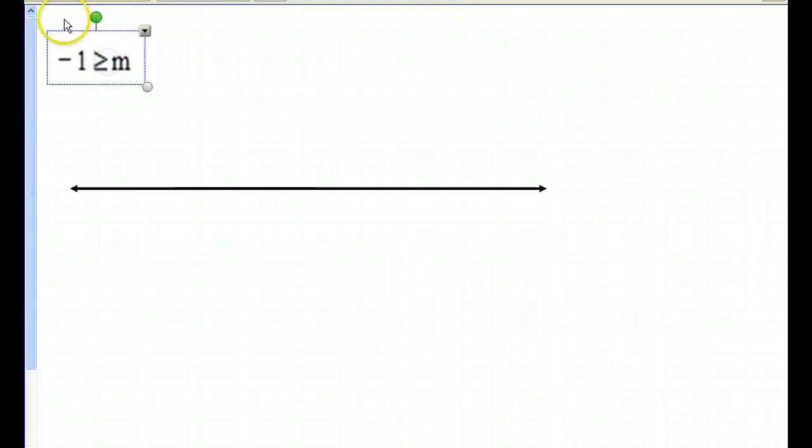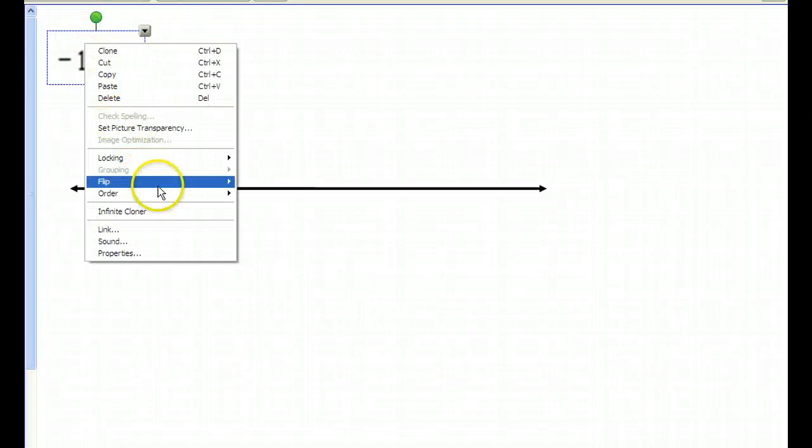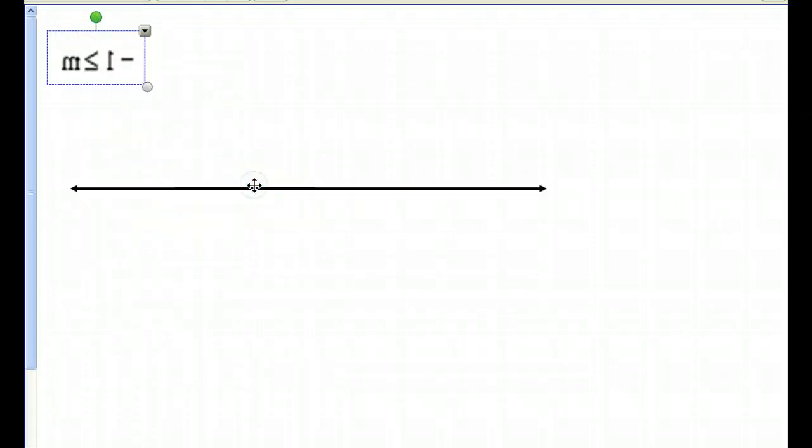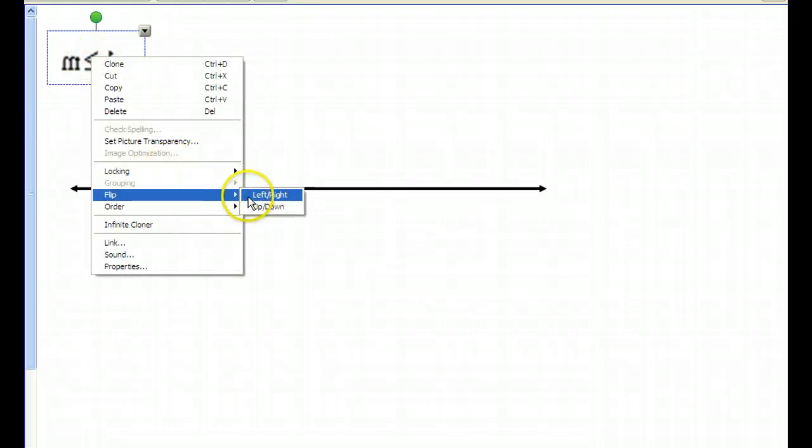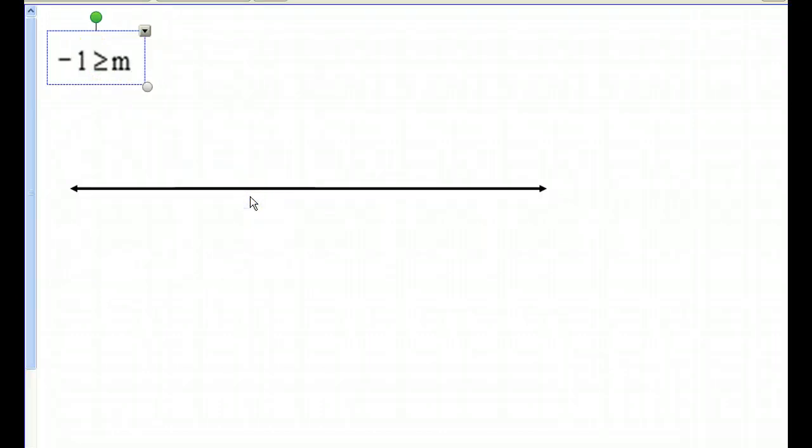So if I flip this around, m is less than -1. Okay, the order symbol, right? But then I put m on this side, the number on this side. Don't worry about what it looks like right now, but just showing you that when I flip it around, the order sign flips when the number and the letter change places.